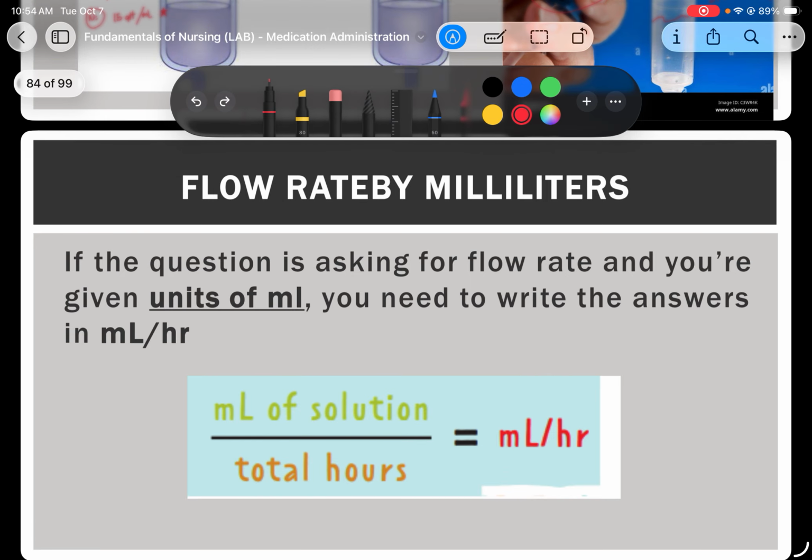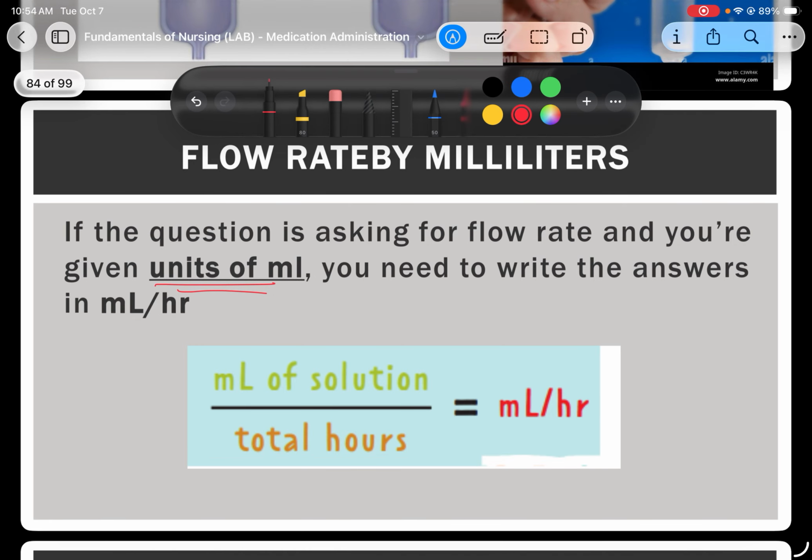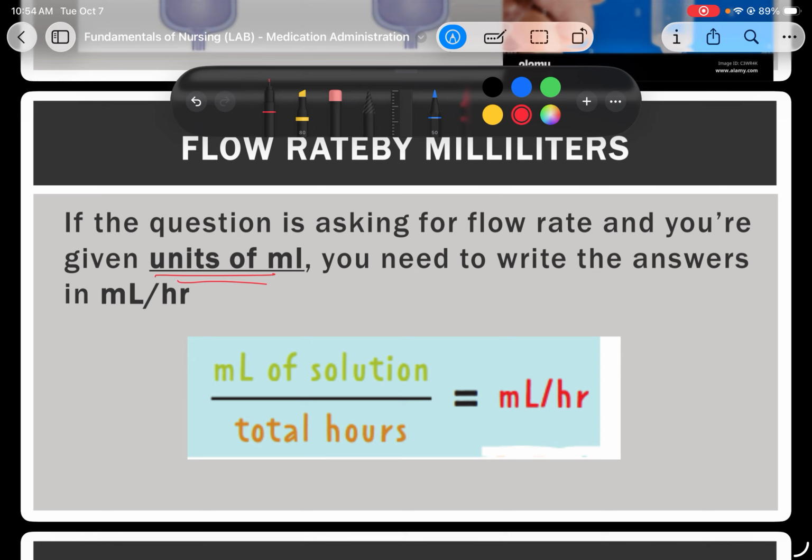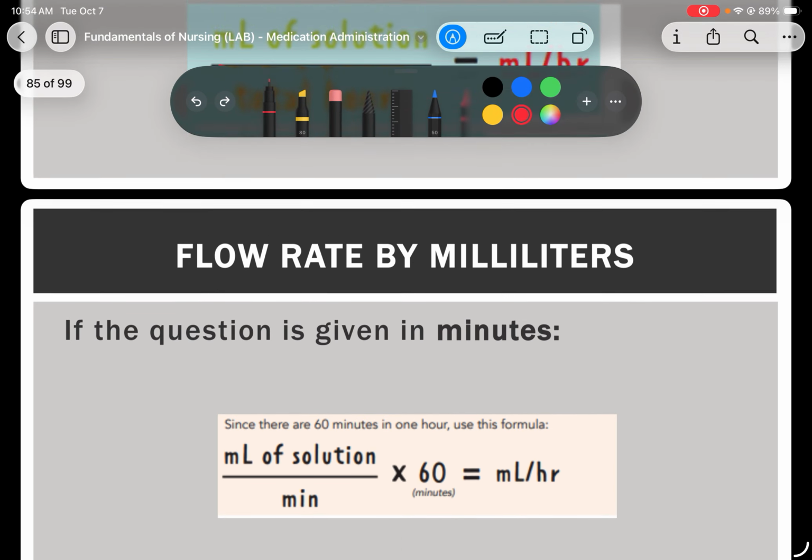So, let's talk about flow rate by milliliters first. If the question is asking flow rate and you are given units of ml, then you need to write the answer down in ml per hour. If the question is asking for flow rate, how fast the infusion will be infused, and they're using ml, then you're going to use this formula: ml of the solution over the total number of hours equals ml per hour.